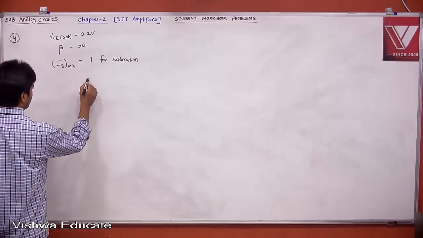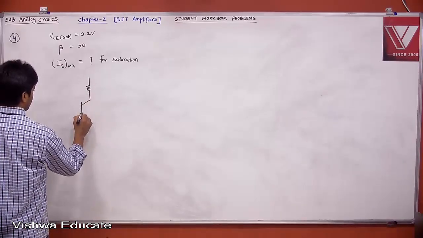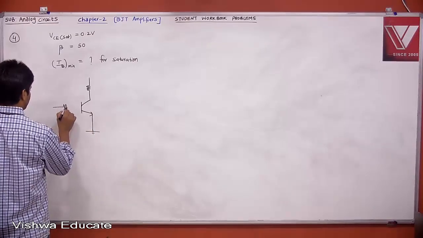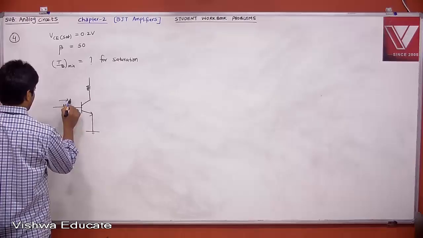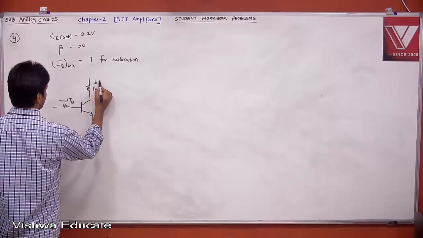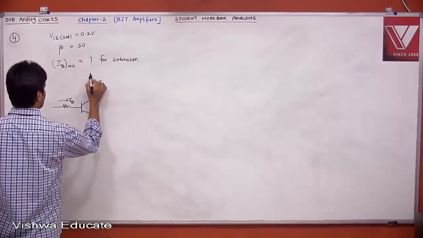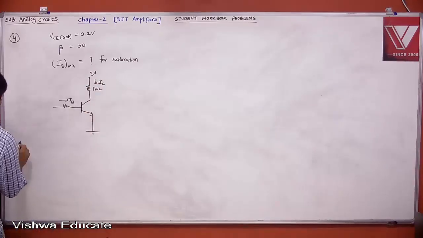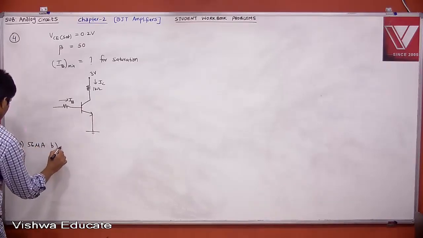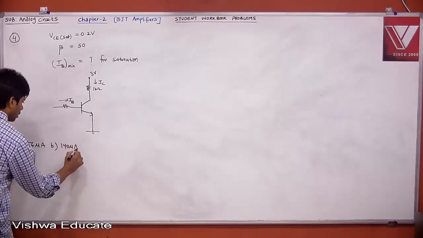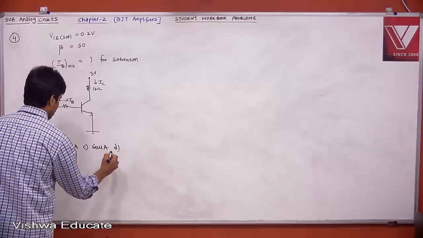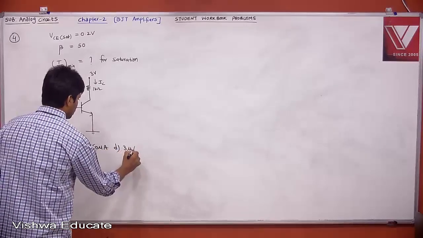And the circuit is shown. Option A 56 microampere, option B 140 microampere, option C 60 microampere, option D 3 microampere.